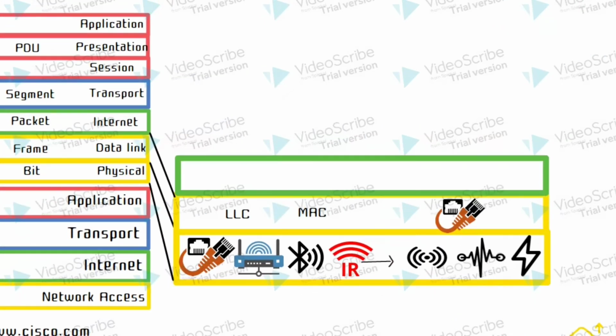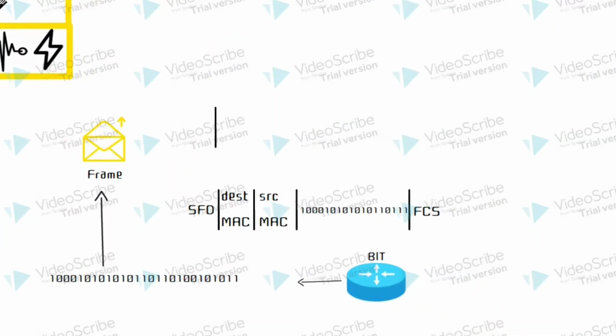Next is the Internet layer, which is strongly associated with routing, mapping addresses, finding paths. It uses routing protocols like Open Shortest Path First and protocols such as ICMP, IP. The unit of data here is a packet.